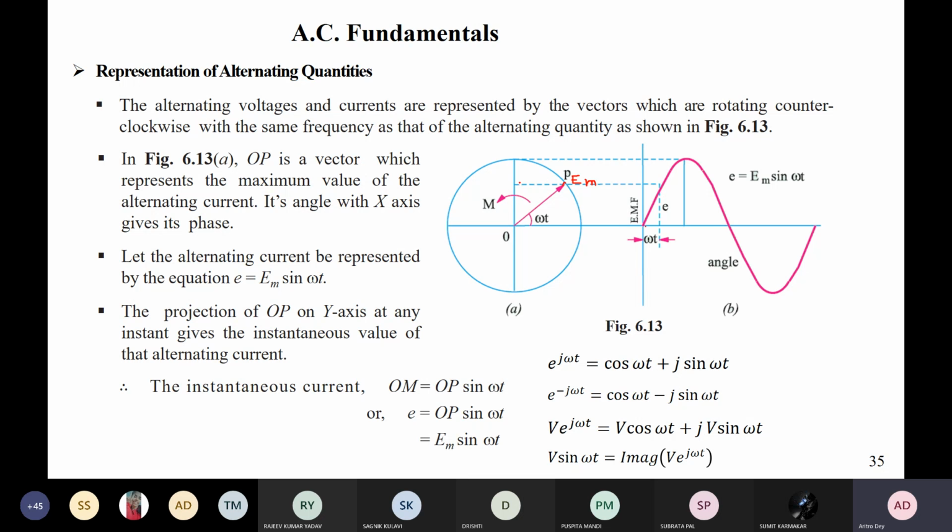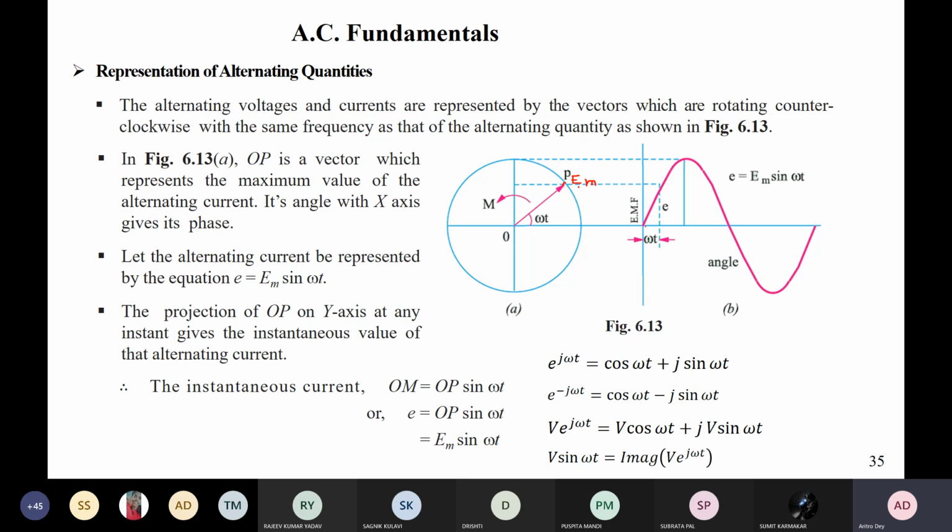If we take the component along the y axis, the imaginary axis, we get EM sine omega t as the magnitude. So EM sine omega t we get along the y-axis. This is how we can represent a phasor.